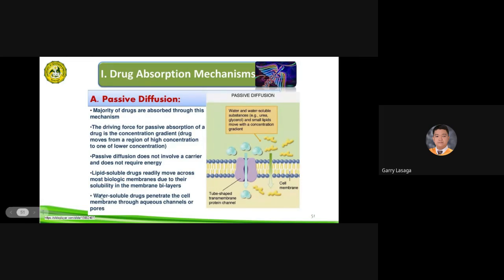Water-soluble molecules can also penetrate the cell via certain types of pores, or most commonly they are transported via the aqueous channels.